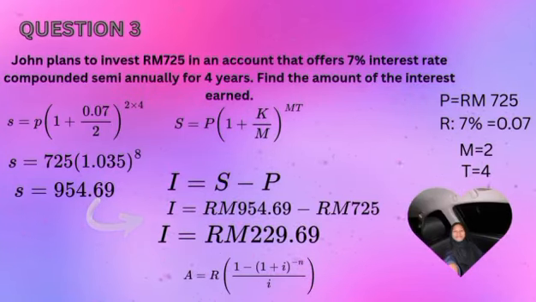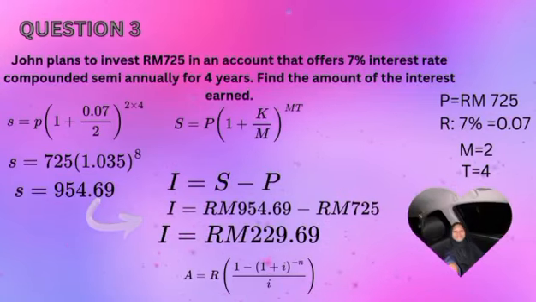We put 725 at P, and then we put 0.07 at K and 2 at M, and at the exponent MT, we put M as 2 and T is 4, and then we calculate.